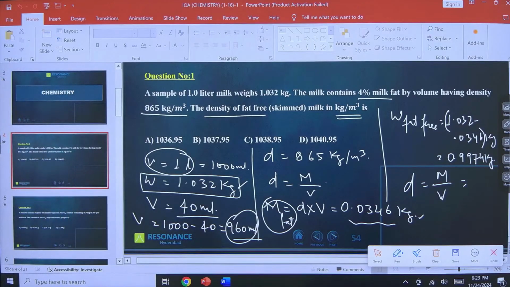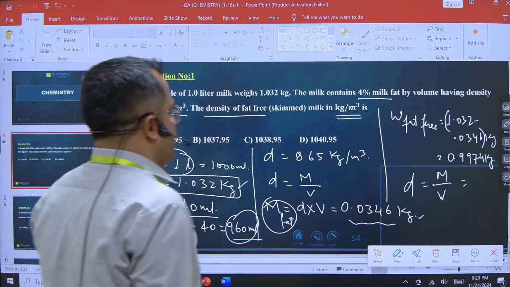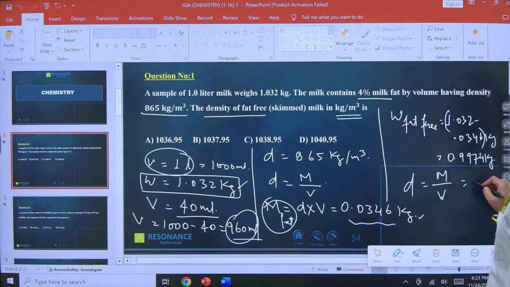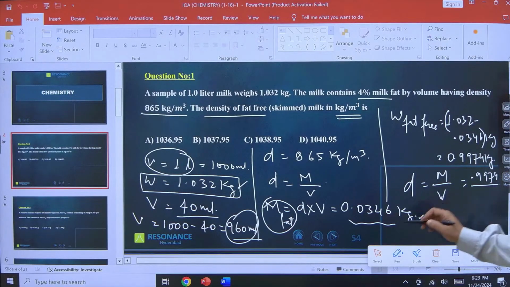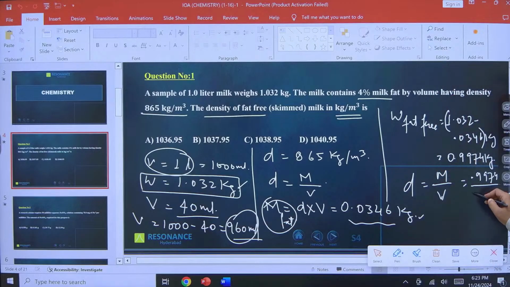So for density, mass is given 0.9974, and we can write here volume also into 1000. Just I am writing here, please see. So density will be equal to, we can calculate from here.